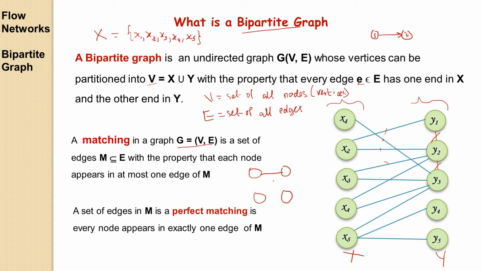We have this and we have this. Every node appears in exactly one edge in M. So this is what is called a perfect matching. It's also the same like this. Let me draw it for you. This is also a perfect matching. Let's proceed to the next part.